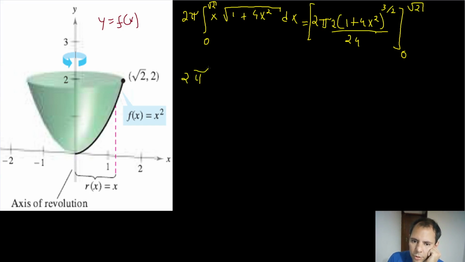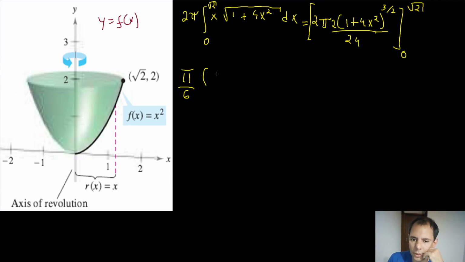So we're going to have 2 pi, or 4 pi, divided by 24, which is pi over 6. And then it'll be, for x squared, you put the square root of 2 inside the x, so it just becomes 2, because square root of 2 squared is 2, times 4 is 8, plus 1 is 9.